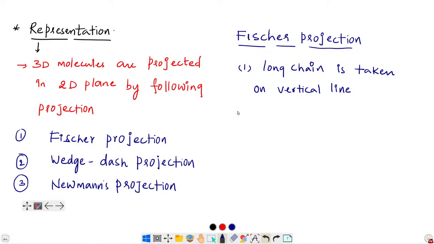The second one is that the groups at the chiral carbon are taken on a horizontal line.